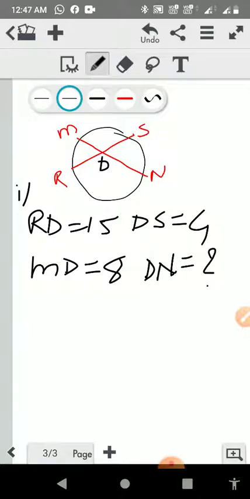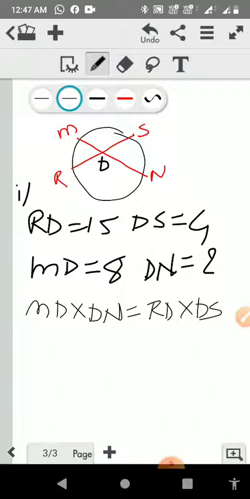I can write here, according to the theorem of internal division of chords, MD into DN equal to RD into DS.